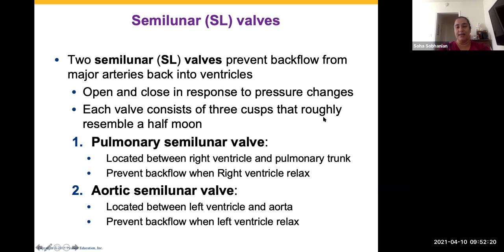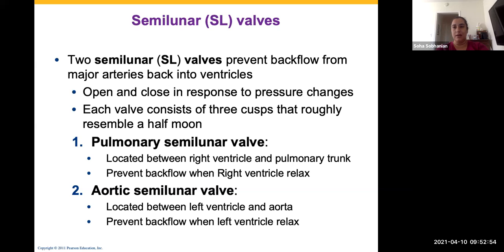A note for you guys, I'm typing it in the chat box: AV valves are engaged, meaning closed, when ventricles are contracting, and SL valves, the semilunar valves, are engaged, or closed, when my ventricles are relaxing.